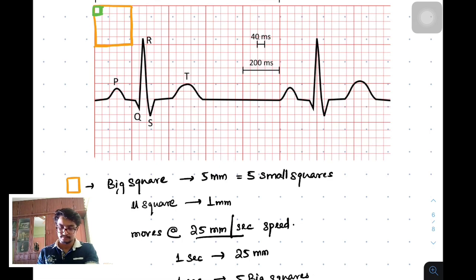Okay, so if you take an ECG paper, there is a bigger square and a smaller square also.